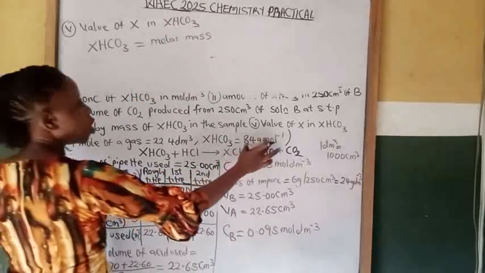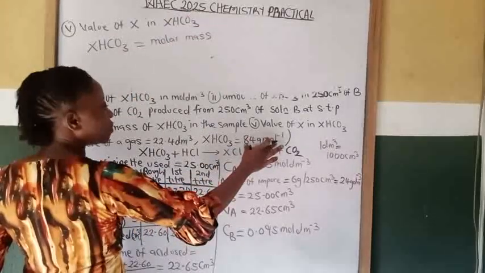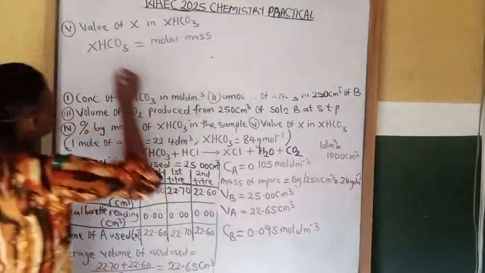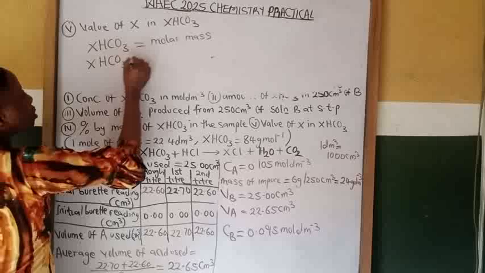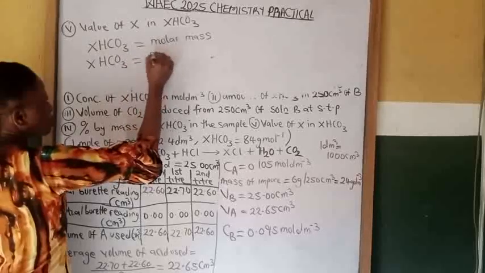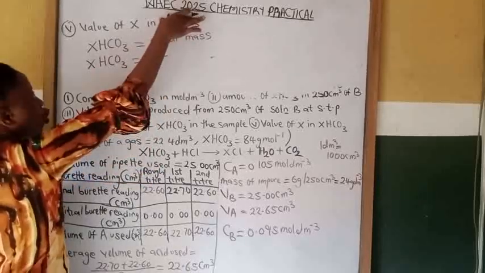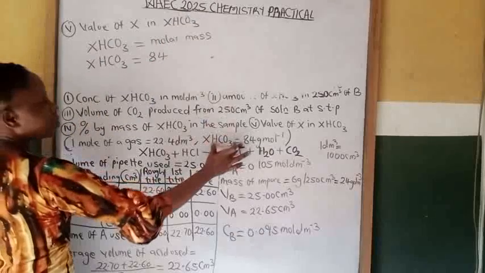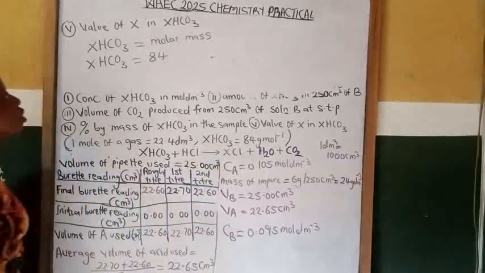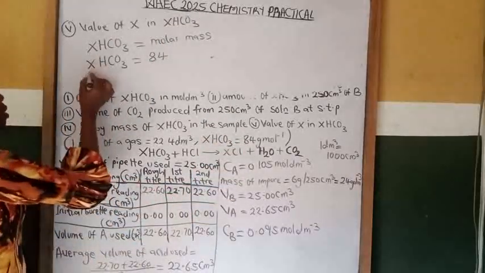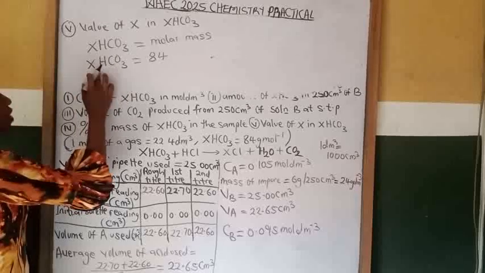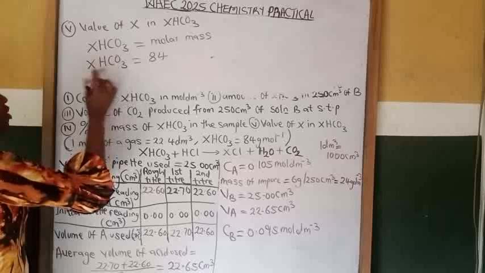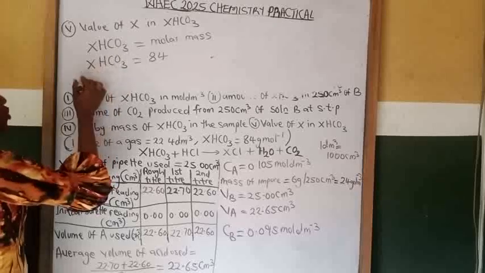They've given us the molar mass of this compound, which is 84 gram. So XHCO3 is equal to 84, which is the molar mass of the whole compound. Now, add the atomic mass of each of the elements that are present here together.